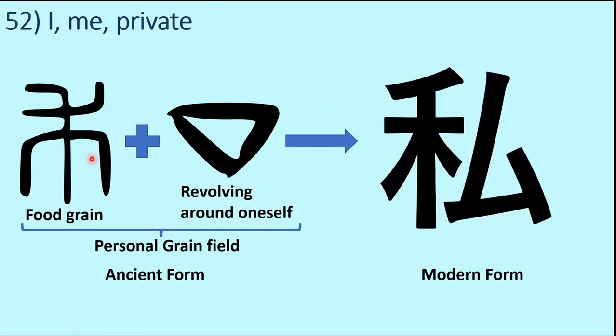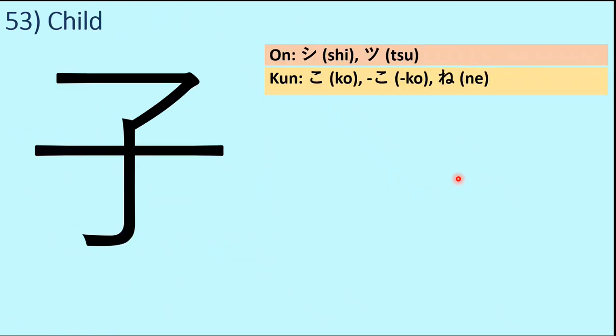And because of that, the modern character represents something personal, and hence this is used to represent I or me. So this is something that belongs to me, or some kind of ownership, or even confidentiality and selfishness, as we saw in the last slide. So this is watashi.